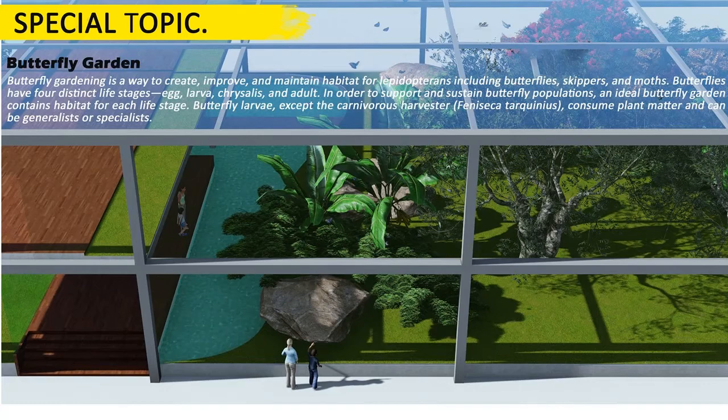All the types of plants such as flowering plants and trees and leafy plants which are required for the growth and sustaining the population of the butterfly will be placed in adequate numbers. There will be a water body and also a stone landscape inside this area.